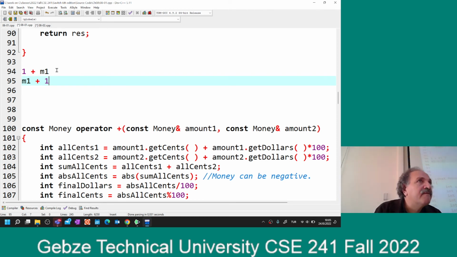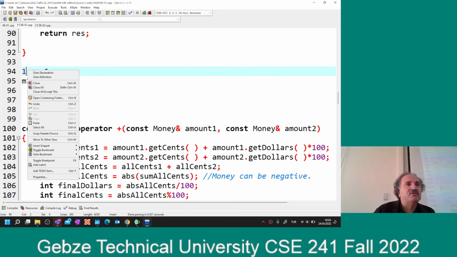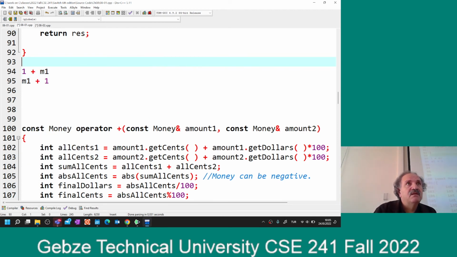Yes. How does the compiler understand that one is an integer instead of a character? If I write a constructor that is... Well, compiler knows that this is an integer, right? Compiler knows the types. One is a character. One is not a character, it's an integer.